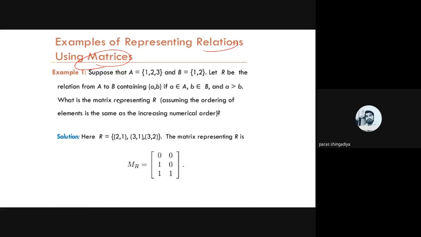We'll extend the matrix part from a relation point of view. We have 3 to 4 types of relations, so we'll derive the matrix for reflexive, symmetric, transitive, and so on. We'll discuss this in the next lecture and we'll stop here now.